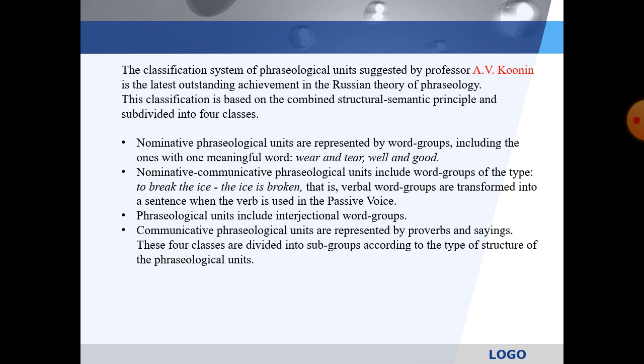The classification system includes a considerable number of subtypes and gradations, and objectively reflects the wealth of types of phraseological units existing in the language. It is based on scientific and modern criteria and represents an earnest attempt to take into account all the relevant aspects of phraseological units and combine them within the borders of the classification system.